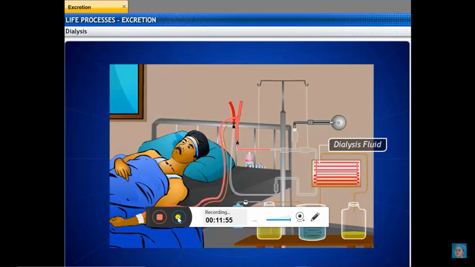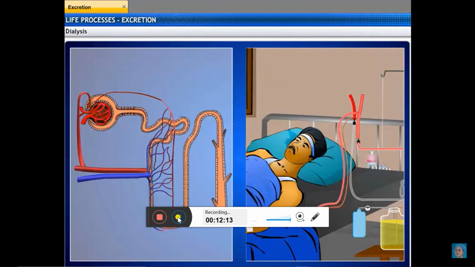The patient's blood is passed through these tubules. During this passage, the waste products from the blood pass into the dialyzing fluid through diffusion. The purified blood is pumped back into the patient. The actions performed here are similar to the functions of a kidney except that there is no reabsorption.